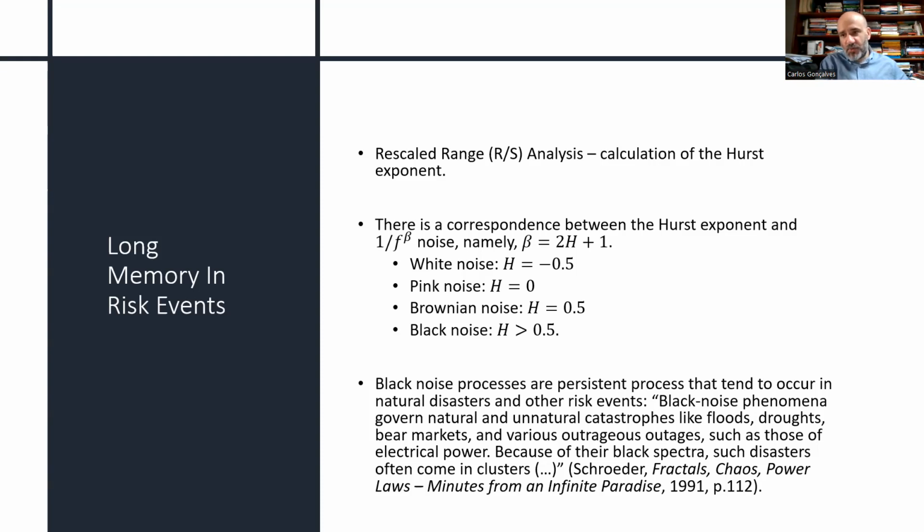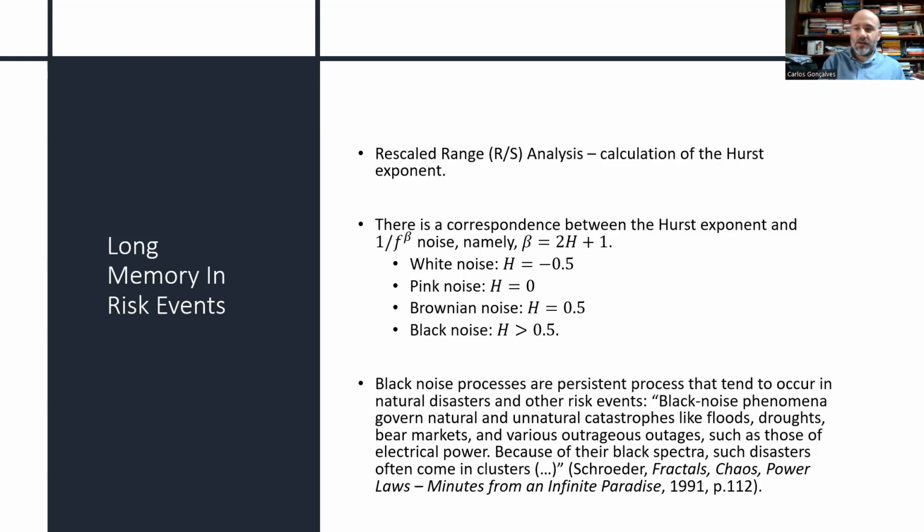So this is a major point relevant for risk science, which is that black noise is strongly persistent, and the Hurst exponent gives us a measure of the persistence of the series. So it's a strongly persistent long memory process with very slow decaying autocorrelations, so power law decaying autocorrelations, and this long memory of the process leads to a problem because we can have a strong persistence regarding catastrophes.